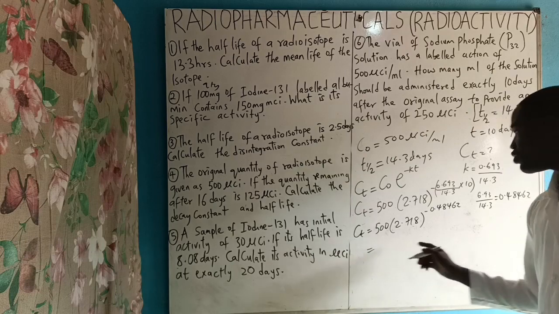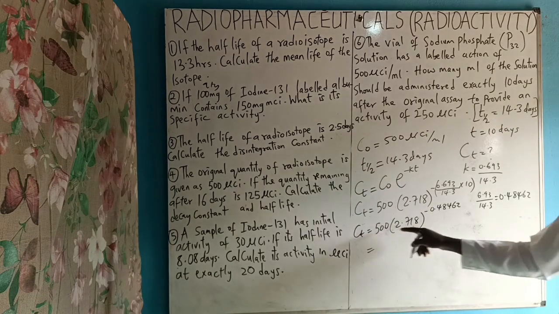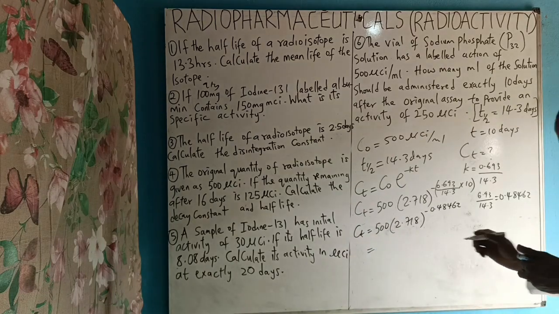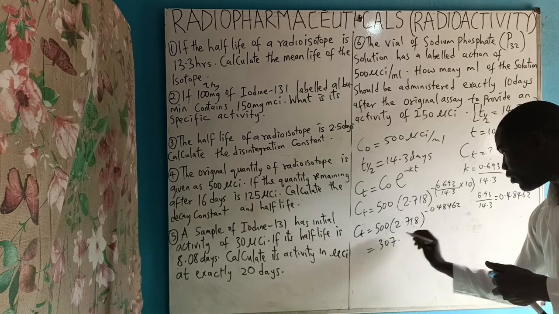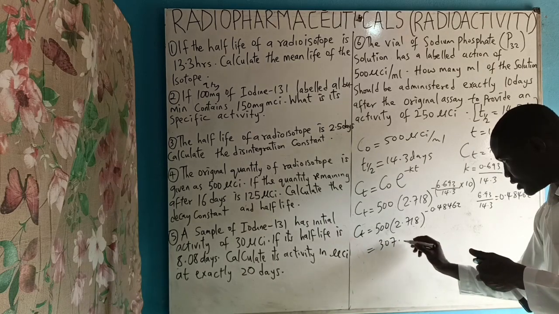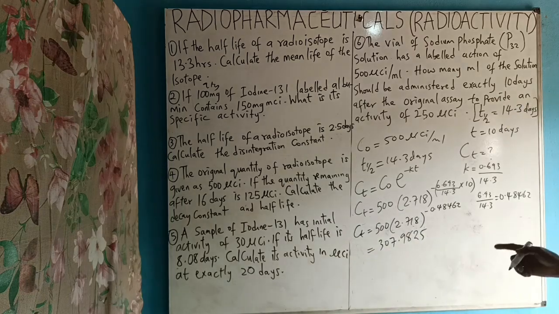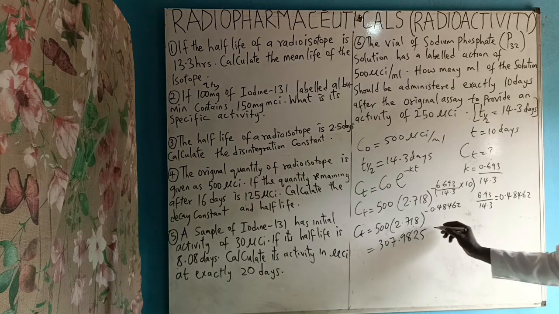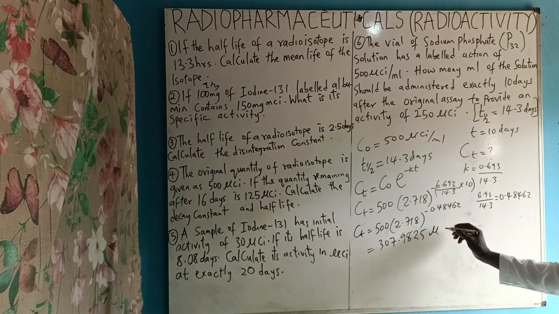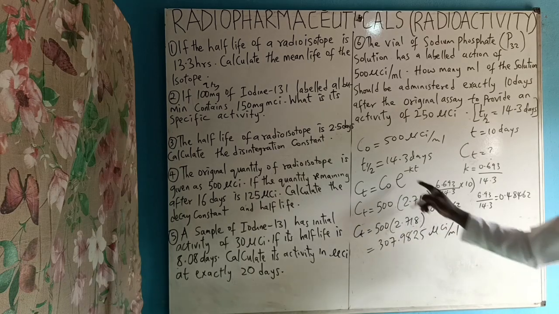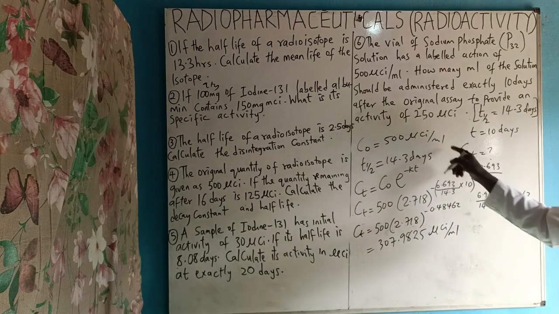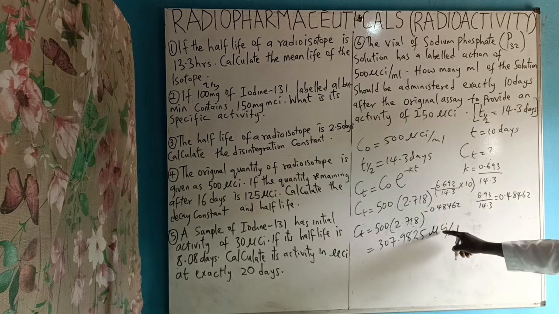This, with your calculator, will be giving you 307.9825 microcurie per ml. Since the initial concentration is in microcurie per ml, the final concentration will be in microcurie per ml.